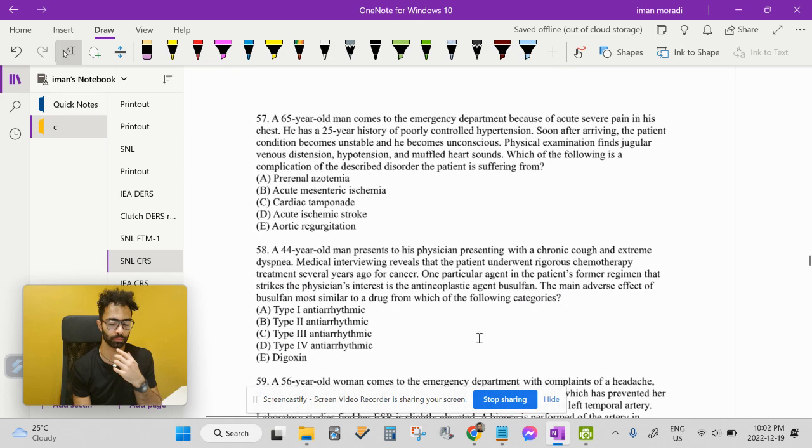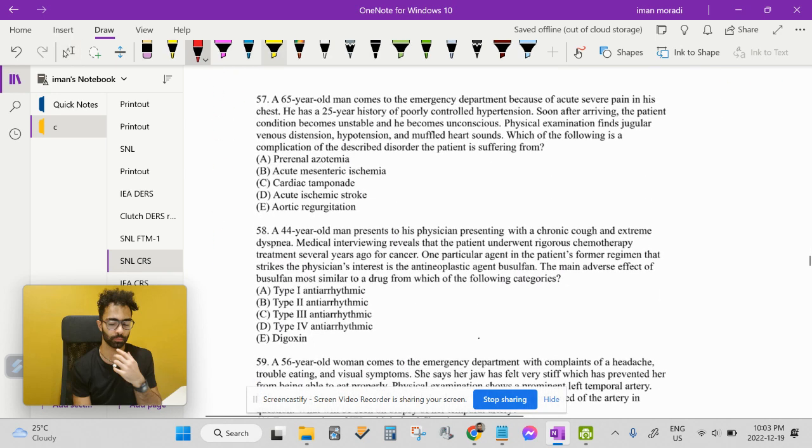Again, a bunch of renal questions. 57. It says a 65-year-old man comes to the ER, acute severe chest pain, has a long history of hypertension. The patient soon after arriving becomes unstable and becomes unconscious.